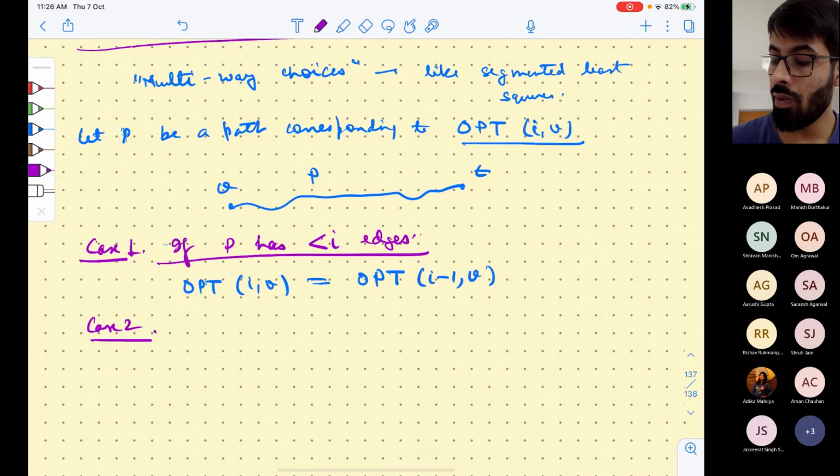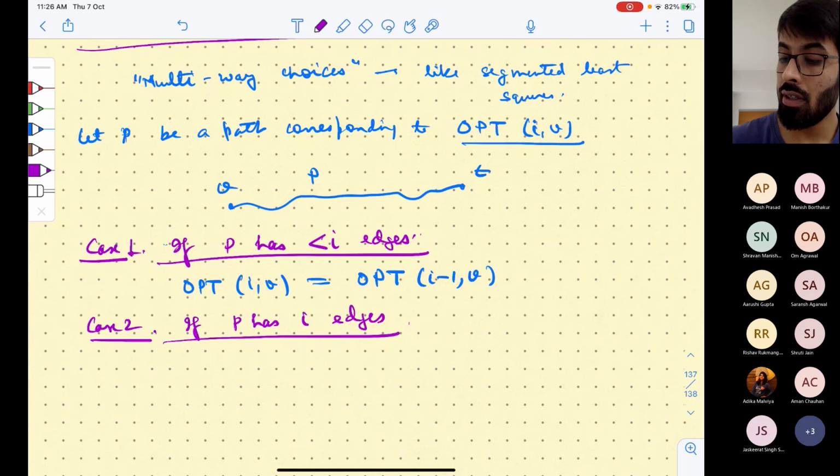Now case 2: P has exactly i edges. Then the path has to go from v to some w.